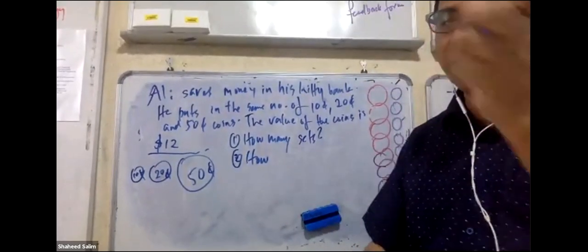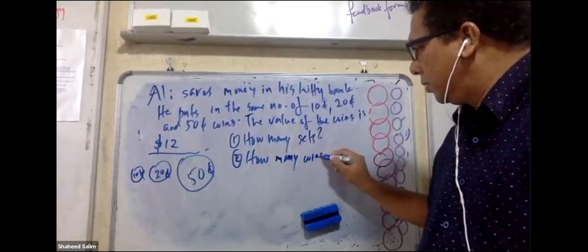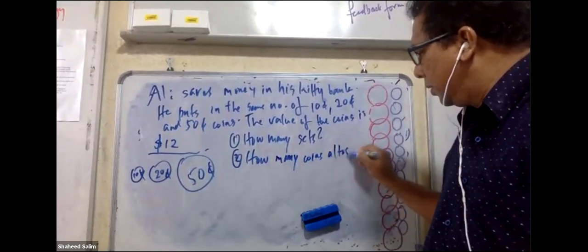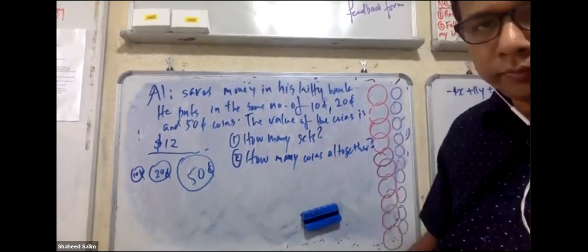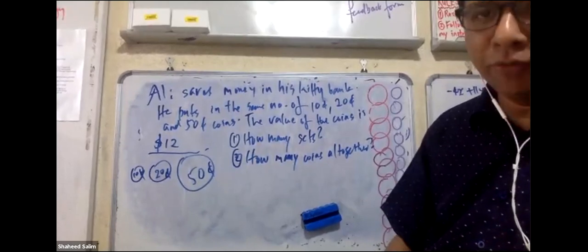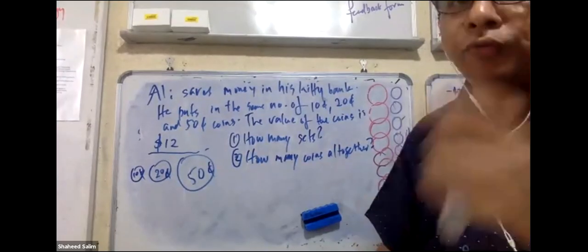Good. So how many coins are there, miss? Zahira, how many coins? 5. How come 5? You got 15 sets. 30. No, one set got how many coins? 3. Good. You got 15 sets, how many coins?